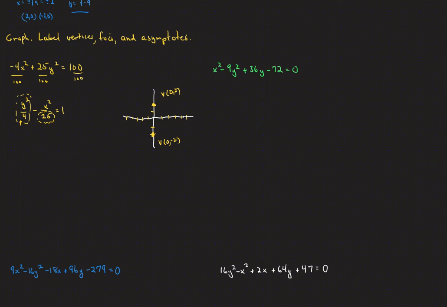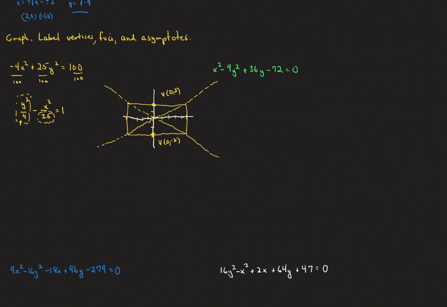I'm just going to use that to draw a rectangle that I'm going to then put in the diagonals as our asymptotes. So you've got to kind of use your imagination there. It's going to go through the center and through the corners of our rectangle.